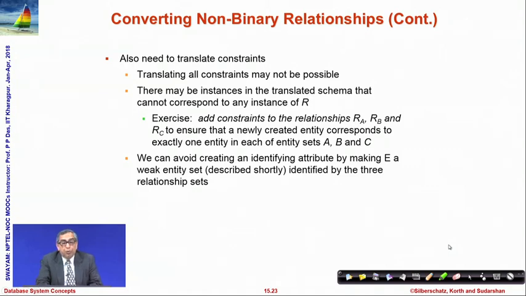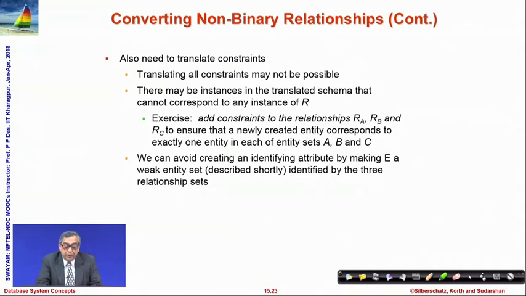Now, while we do this decomposition, we will also have to remember that we need to translate all constraints that are present for the ternary relationship, and oftentimes it may become difficult to translate all constraints.